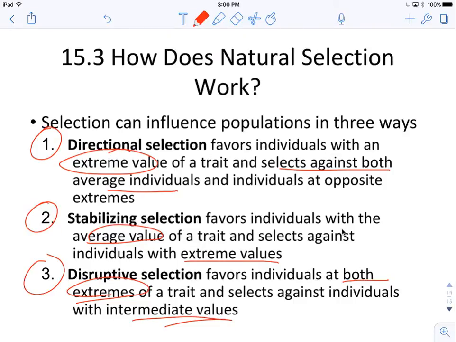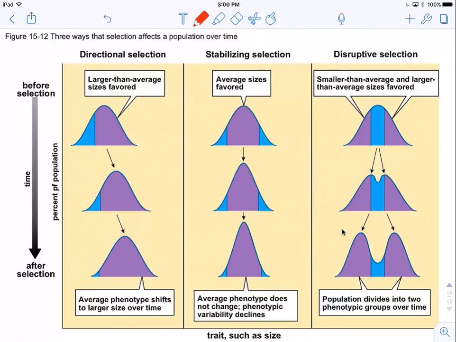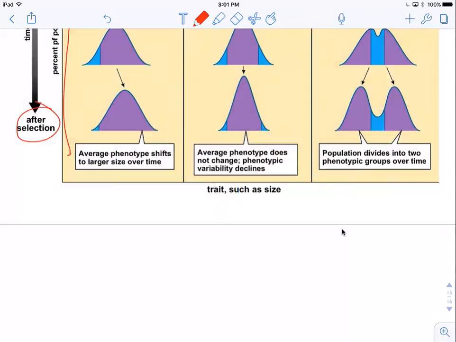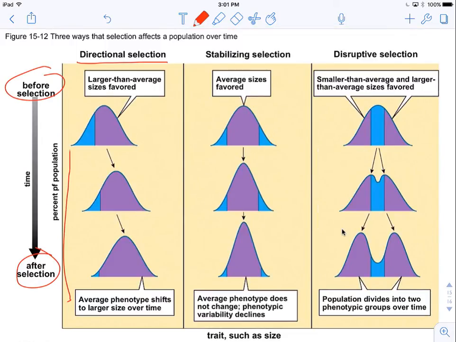Okay, so if we look at the little graphs here, here's before the selection and then after the selection. So you have directional selection here. You have size. So this would be small and this size would be large.